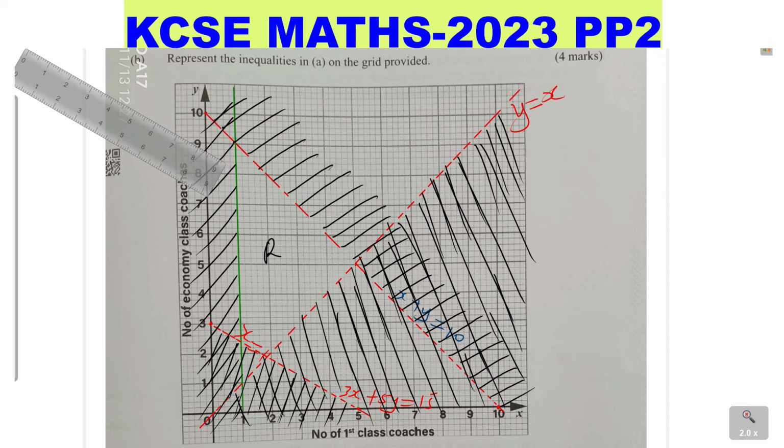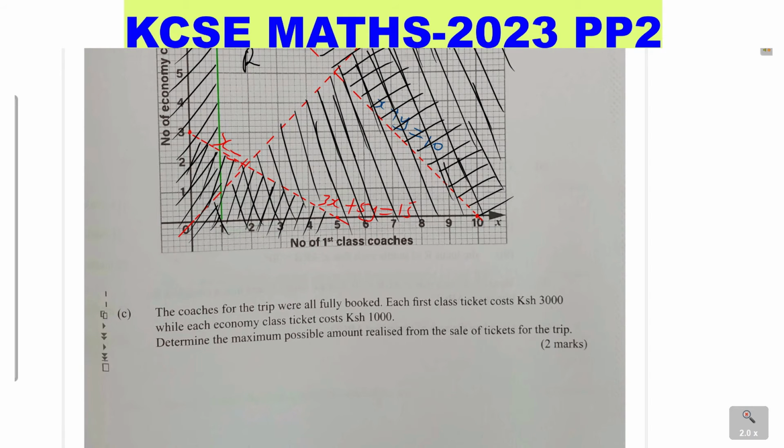Let's go to the other part of the question now. Part C. The coaches for the trip were all fully booked. Each first class ticket cost 3,000, while each economy class ticket cost 1,000. Determine the maximum possible amount realized from the sale of the tickets for the trip.